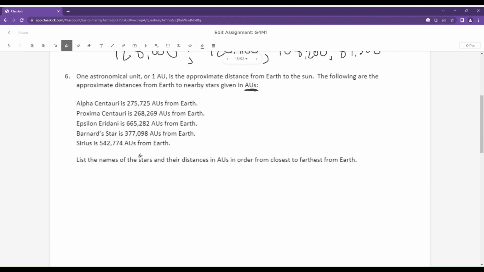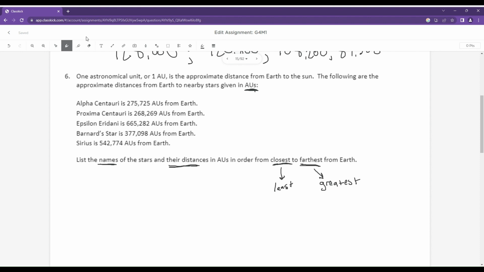It says list the names of the stars and their distances in AUs in order from closest to farthest from Earth. So really, when they say closest, that means the least, because if it's the closest, it's the least amount of distance. The farthest from Earth would be the greatest or the biggest distance from Earth.